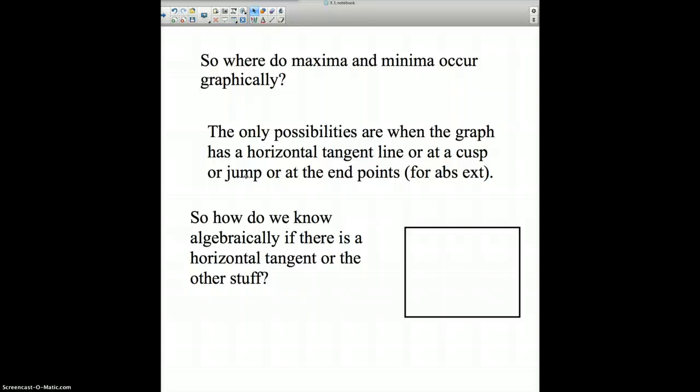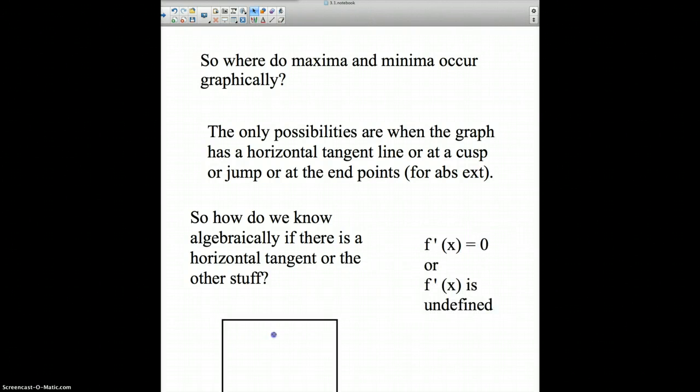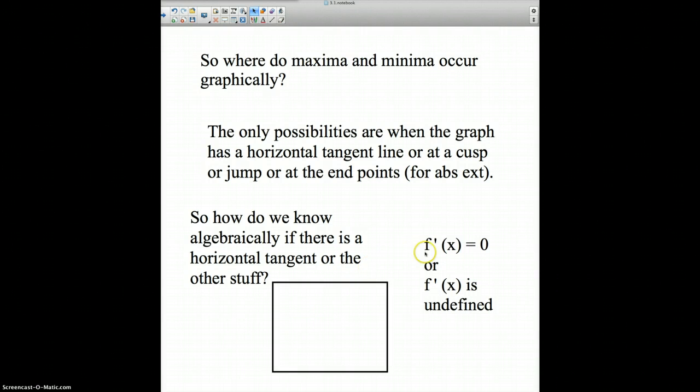So how do we know algebraically if there is a horizontal tangent or a cusp or a jump? Well, we've got to find where the derivative, remember the derivative stands for slope, so we're finding where the slope of the tangent line equals 0. What is that going to mean? It's going to give us a horizontal tangent.